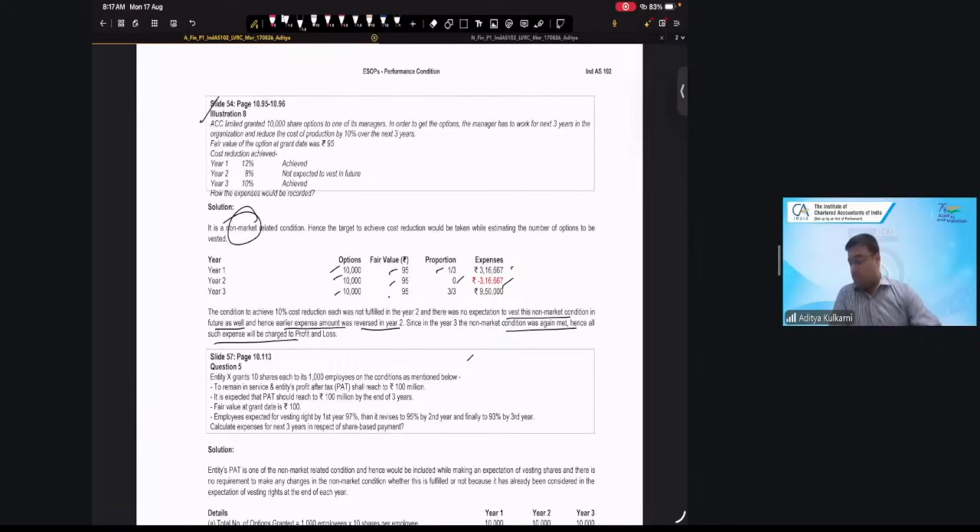But in the case of market linked, nothing is in my control. If they say when share price reaches, say 100 rupees, how do I know when it will reach 100? But when I do a fair valuation, this 100 also becomes an input for feeding the model, which will give you the fair value.